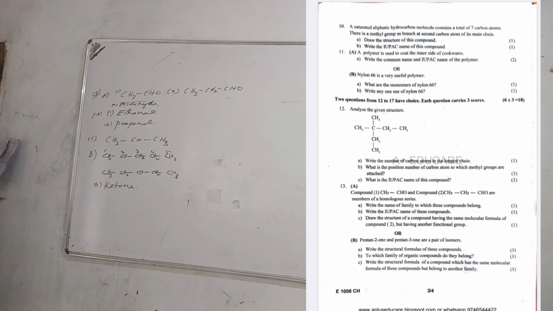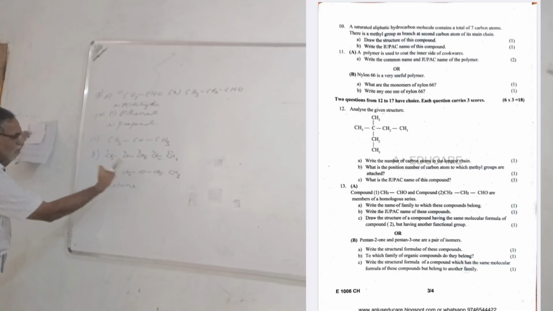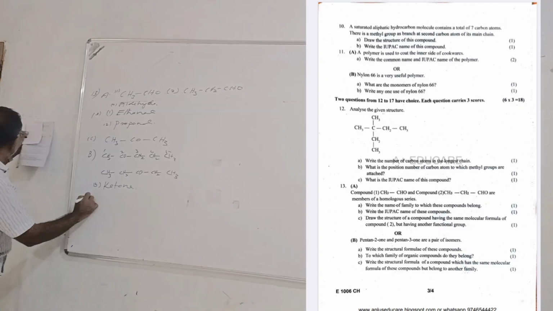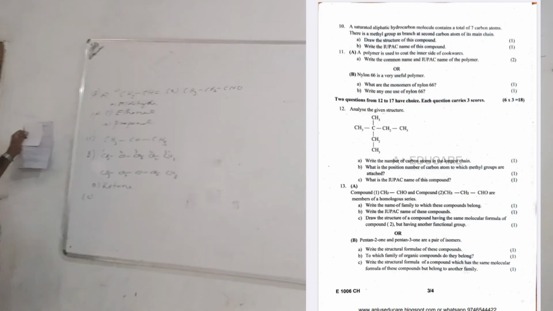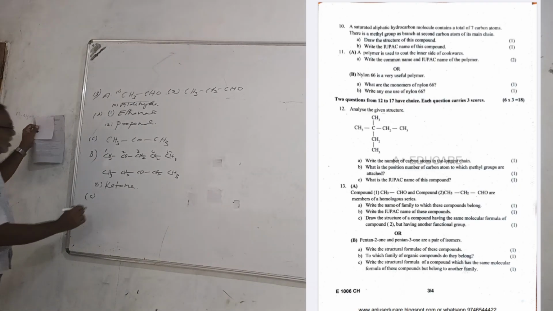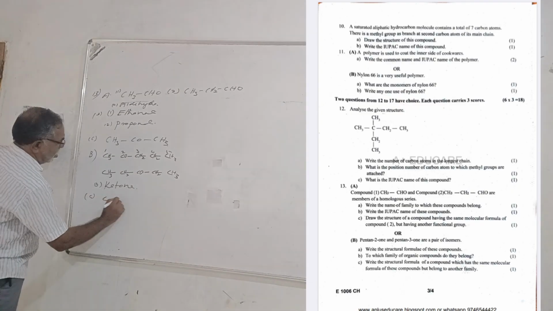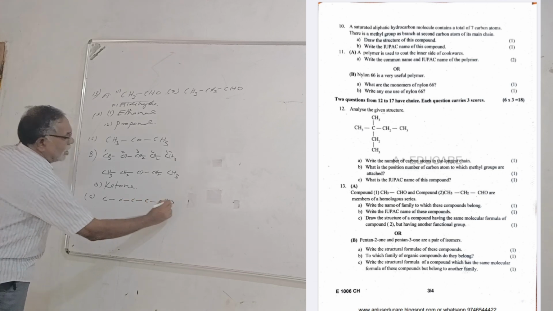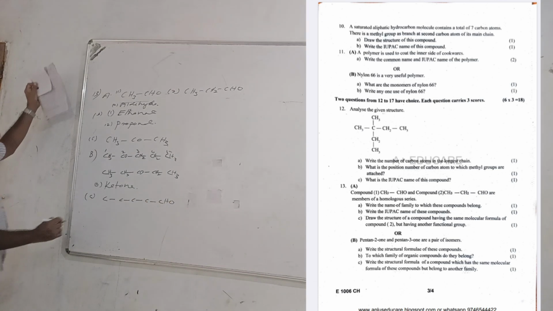Write the structural formula of a compound which has the same molecular formula as this compound but belongs to another family. Five carbons, so we can write an aldehyde. Aldehydes: 1 2 3 4 5, with the last carbon having an aldehyde group.